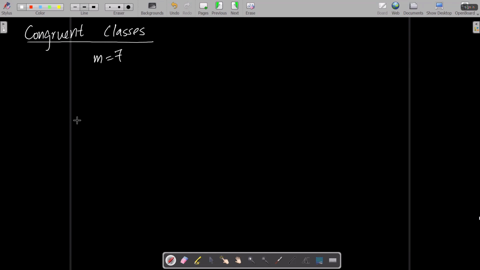So there will be some integers where, when divided by 7, the remainder is going to be 0. And there might be some integers where, when divided by 7, the remainder is 1. And we will have up to 6. We can't have a remainder of 7, right? So there will be a bunch of integers here.